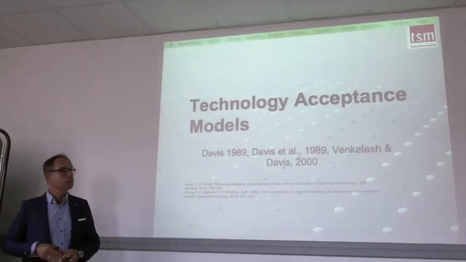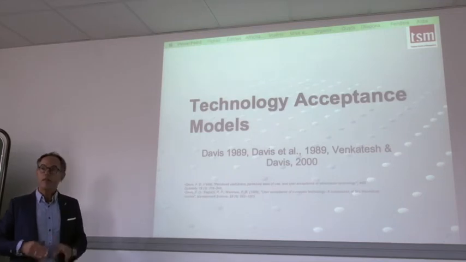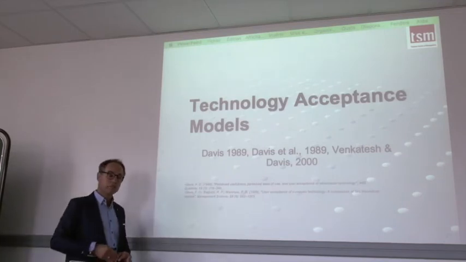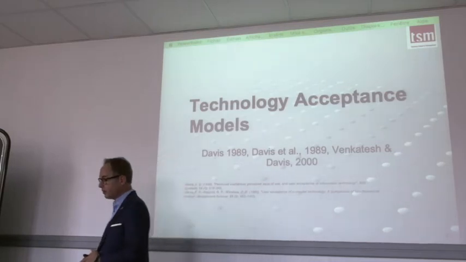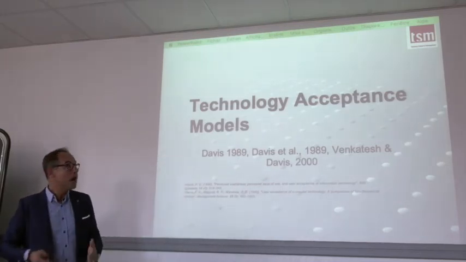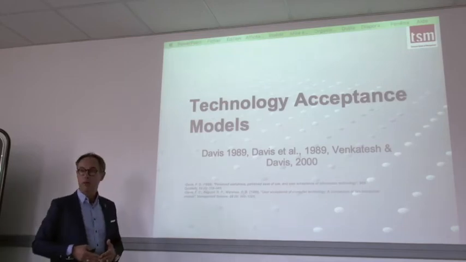We will see now the technology acceptance model, which is a model that integrates these different variables to summarize in an overall model that can forecast technology adoption and technology usage.